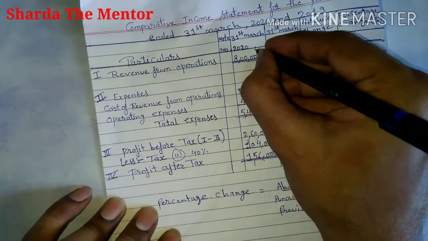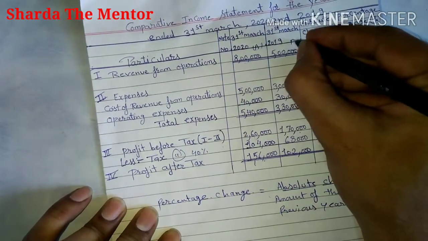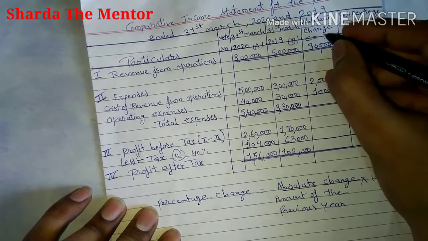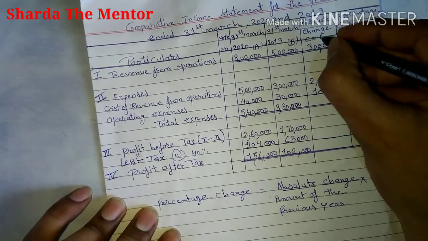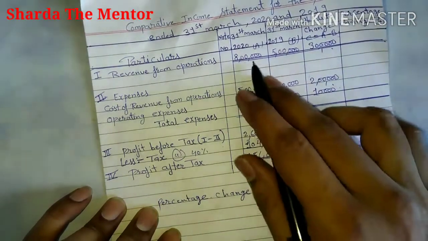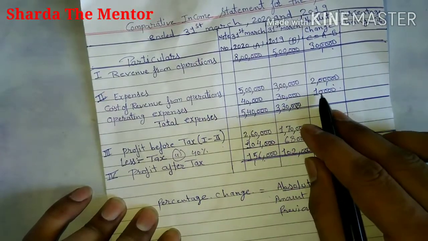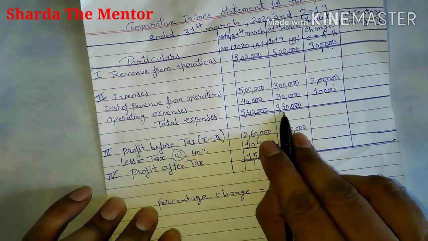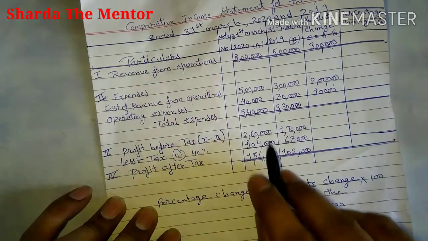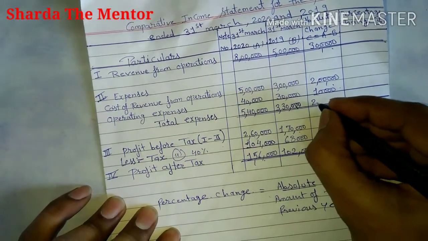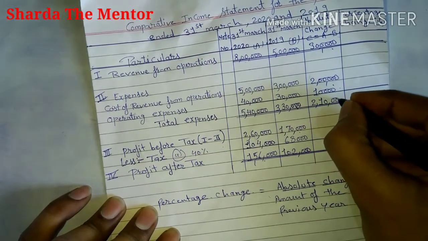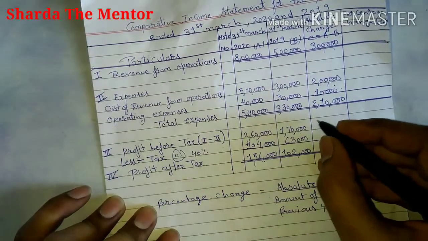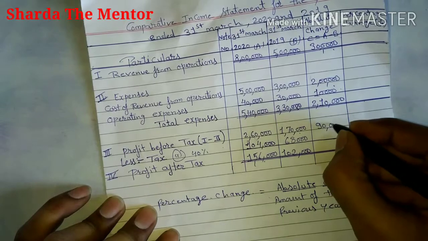Here you can mark it as column B, and if you want to find out C, it is A minus B. Everything is positive, that's why we are not mentioning brackets here. Now 5,40,000 minus 3,30,000, that is 2,10,000. In the same way, 2,60,000 minus 1,70,000, that is 90,000.